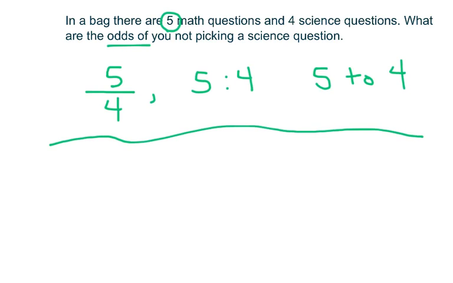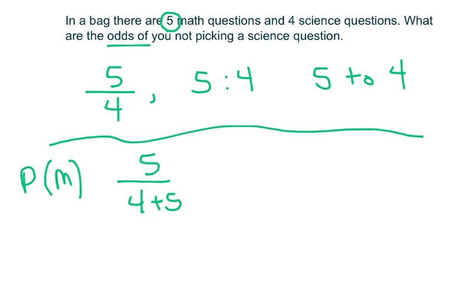Now, if I were to say probability, that would be 5 over 4 plus 5. So this is the probability of the math question, let's say. This would be 5 over 9.